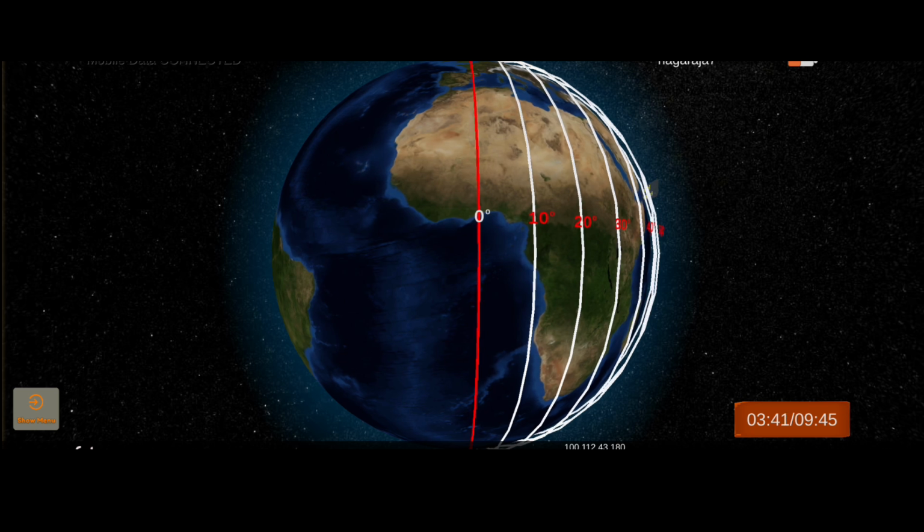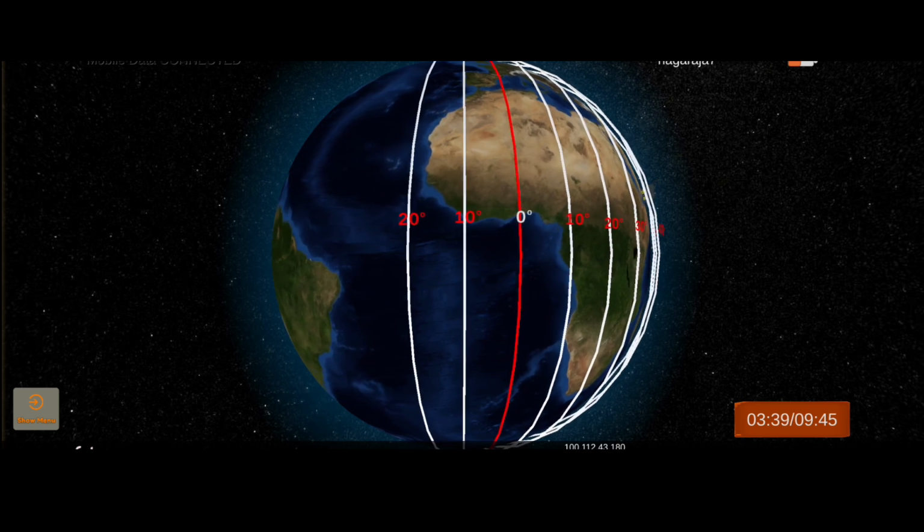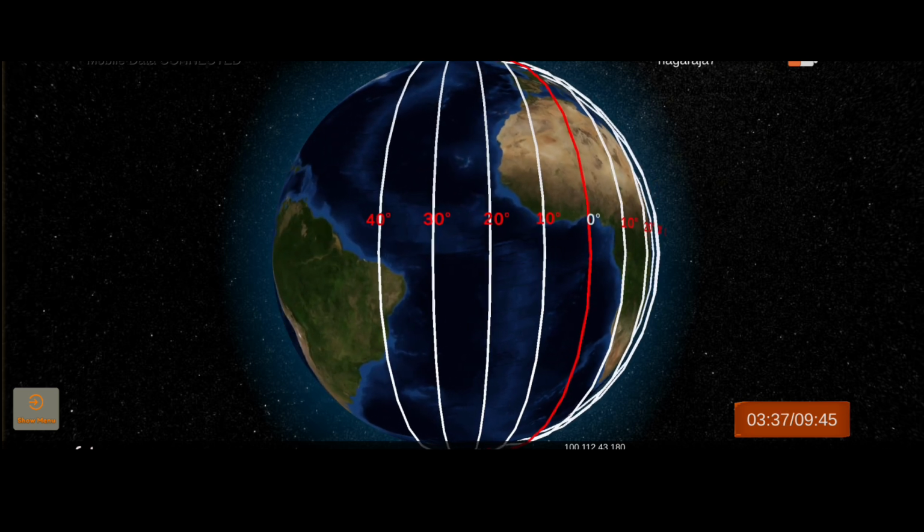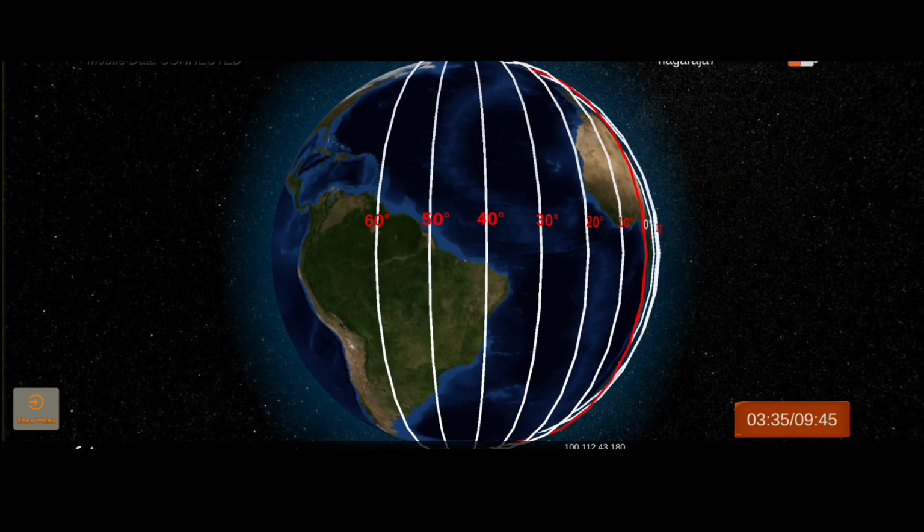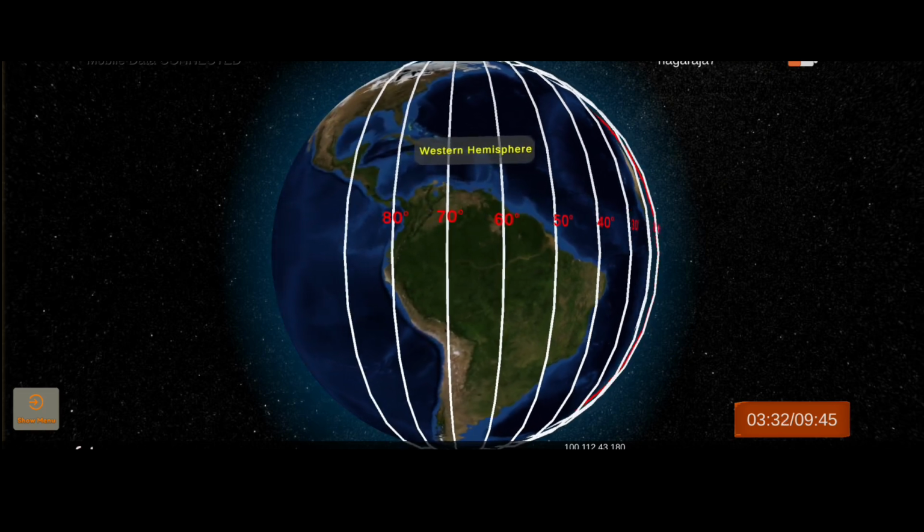Similarly, they also range from 0 degrees to 180 degrees in the westward direction from the prime meridian, known as the Western Hemisphere.